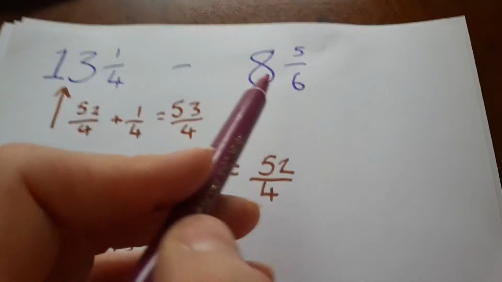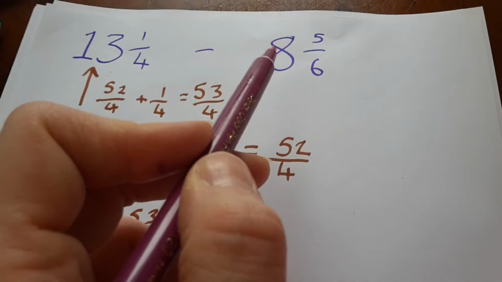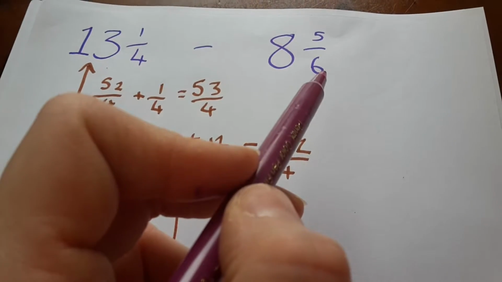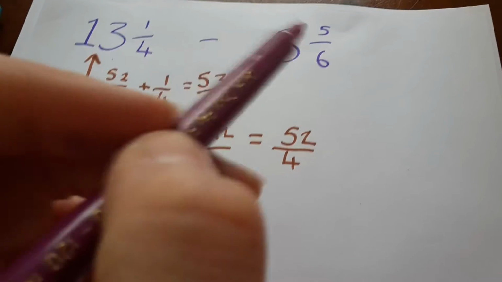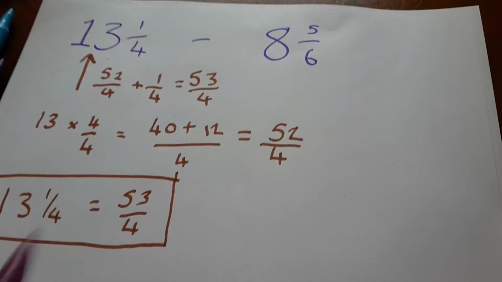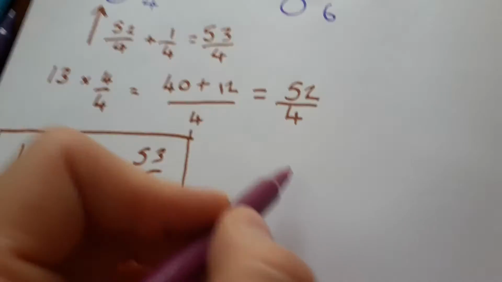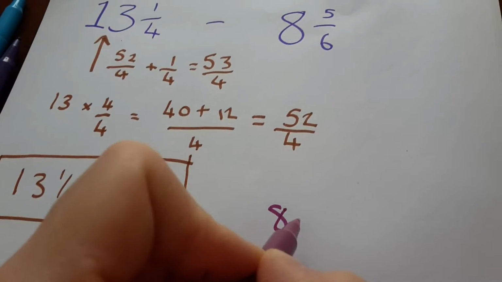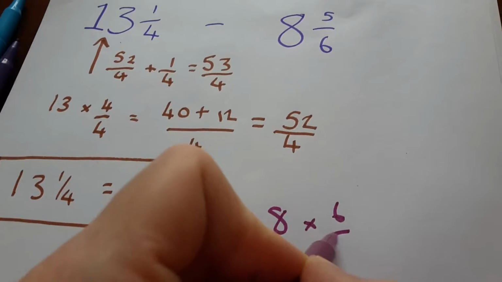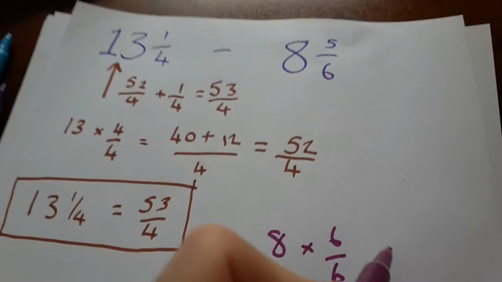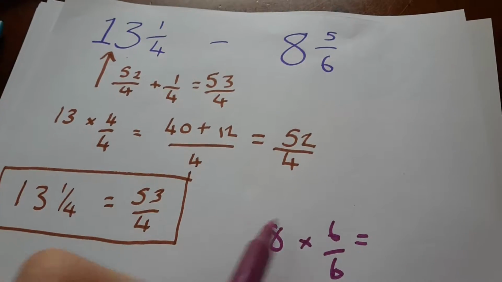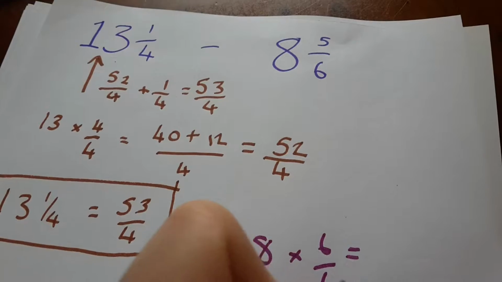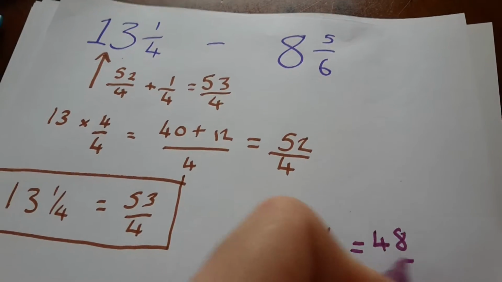Then I'm going to work out what 8 and 5/6 is as an improper fraction. So 8 is essentially, in this case, 8 lots of 6 over 6, because it's 8 whole ones. 8 lots of 6 is going to be 48.